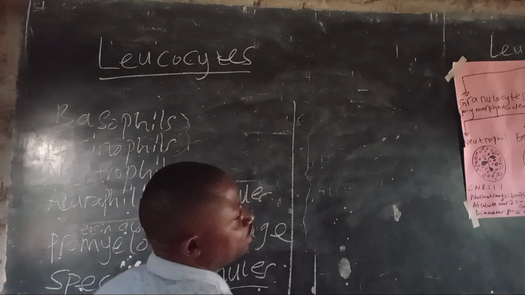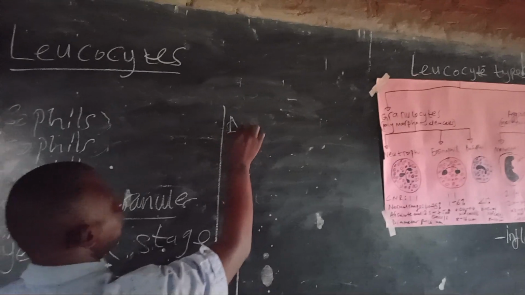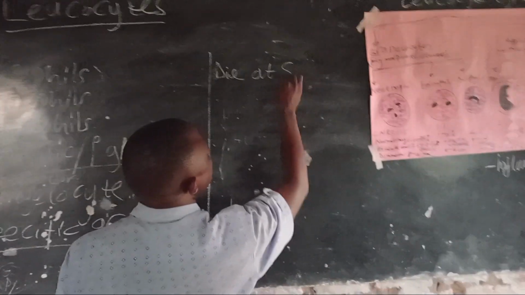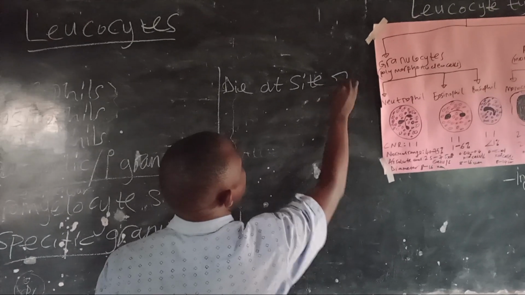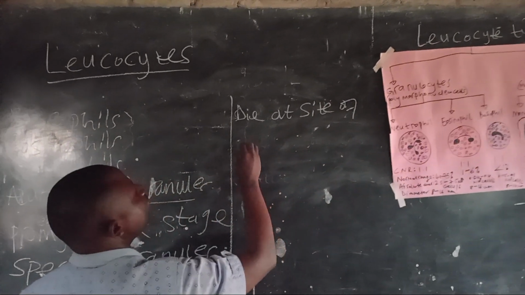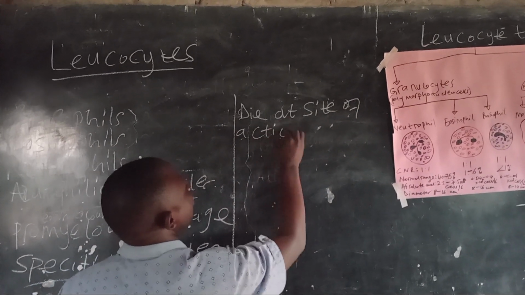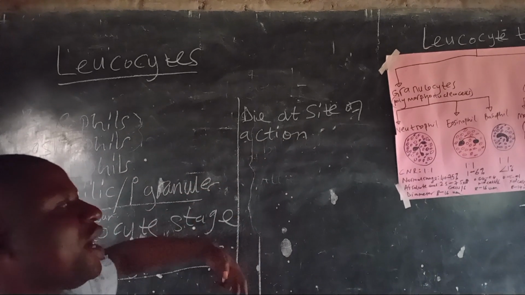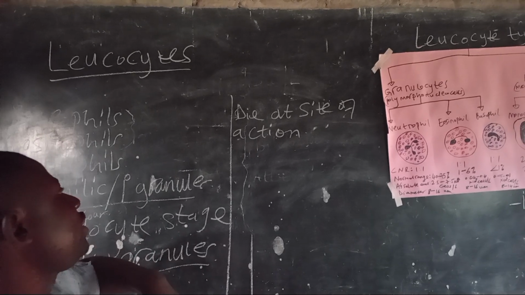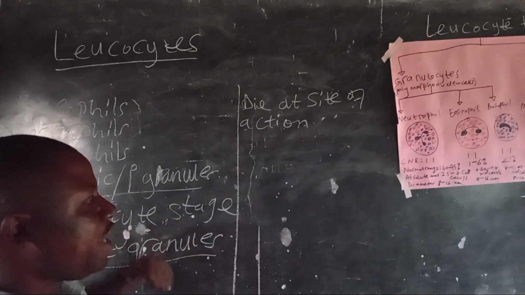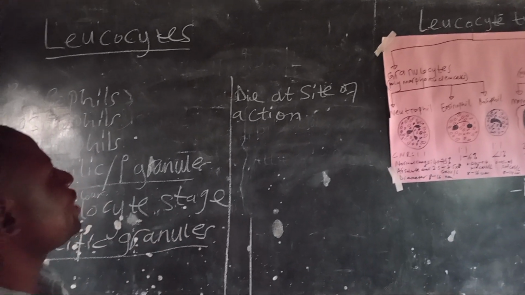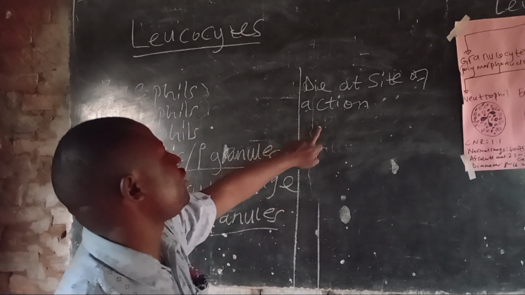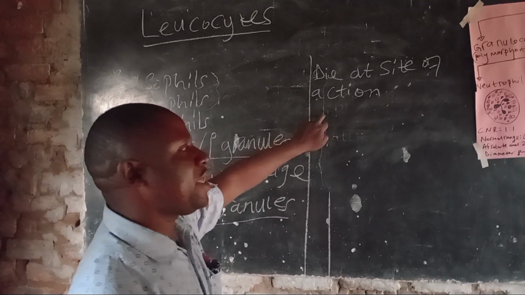The neutrophils die at the site of action. After they encounter a pathogen, they engulf it, but after engulfing that antigen or pathogen, they die.